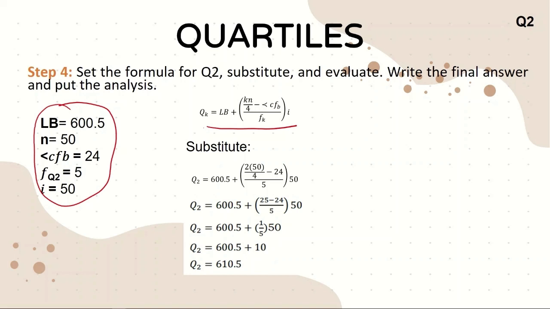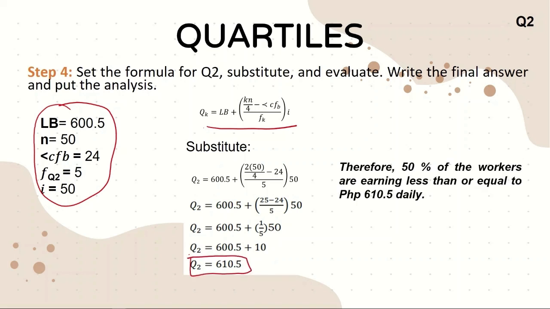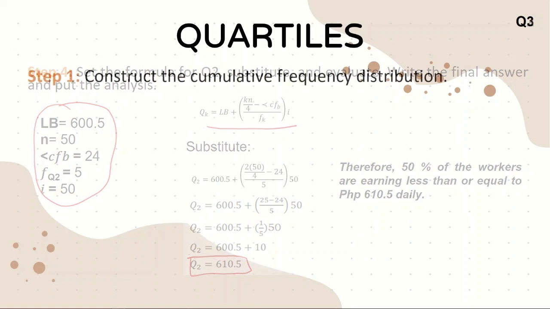So the final answer for quartile 2 is equal to 610.5. Therefore, 50% of the workers are earning less than or equal to 610.5 pesos daily.